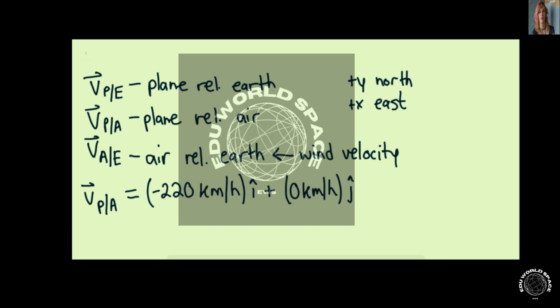So we can then say that after 0.50 hours, we can find the velocity of the plane relative to the Earth. Here, the velocity of the plane relative to the Earth in the x direction would be equal to negative 120 kilometers divided by 0.500 hours.